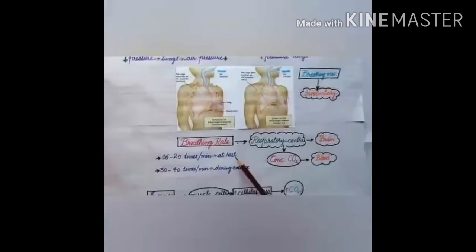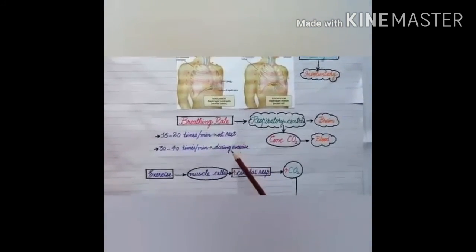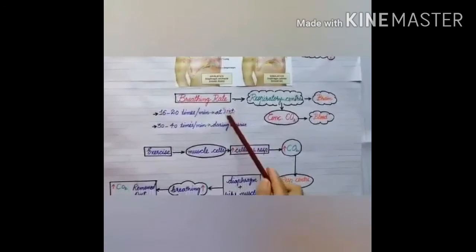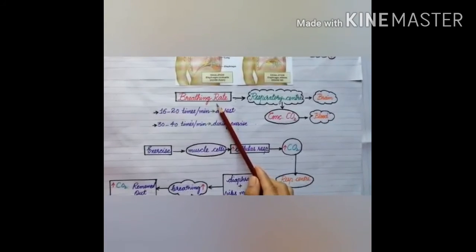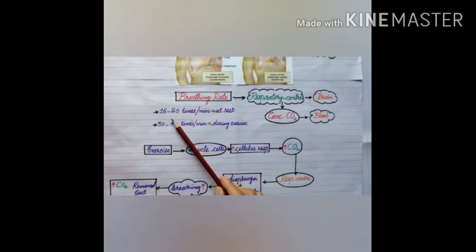The breathing rate in human beings in normal circumstances is 16 to 20 times per minute when at rest. But during exercise it increases up to 30 to 40 times per minute.